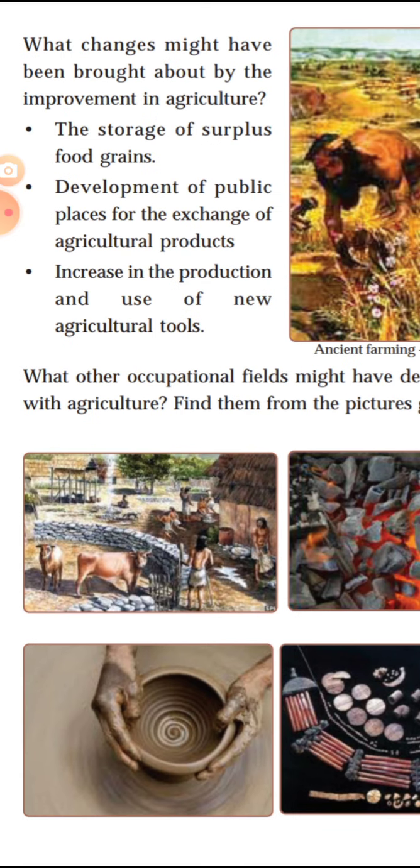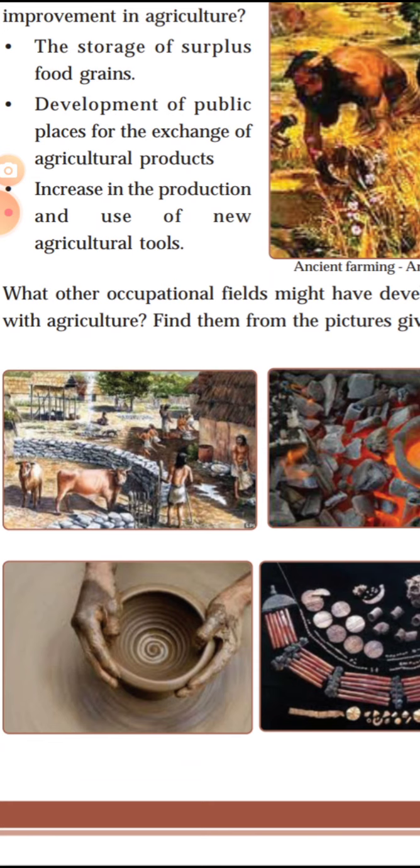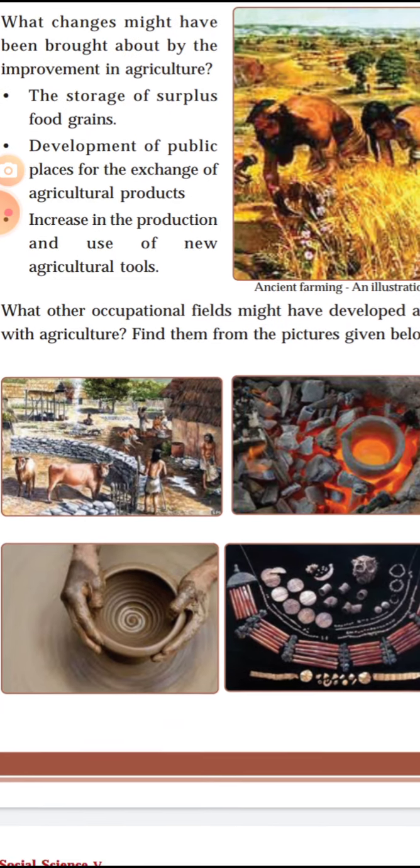They exchanged these products from one person to another. Then there was an increase in the production and use of new agricultural tools. They made new agricultural tools. Okay. What are the changes that happened? Look at the picture.